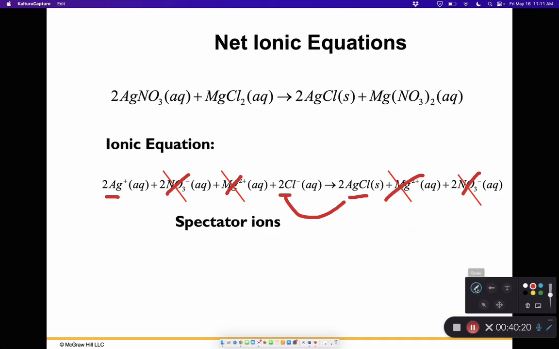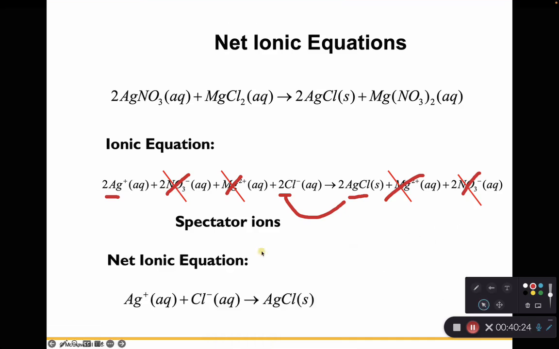Those will be in the net ionic equation. So our net ionic equation looks like silver plus chloride gives you silver chloride. Or you can write 2 silver ion plus 2 chloride ion gives you 2 AgCl. All of the 2s will cancel out because it is 2 everywhere. So this is the net ionic equation. This is how we write it.